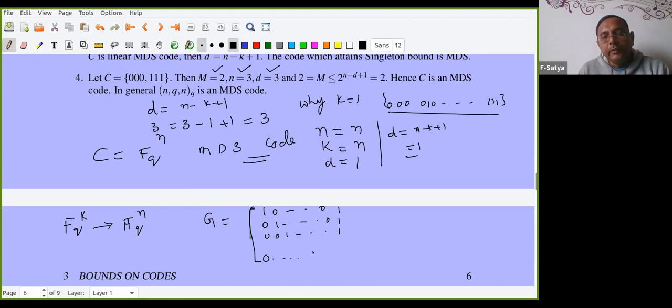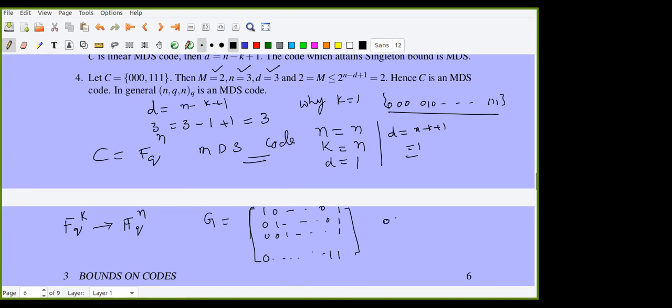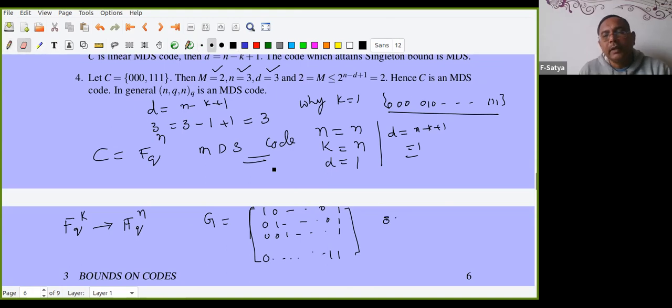You know this code, right? We discussed this in the first class. This is the sum of all the coordinates. This is called the parity check code.